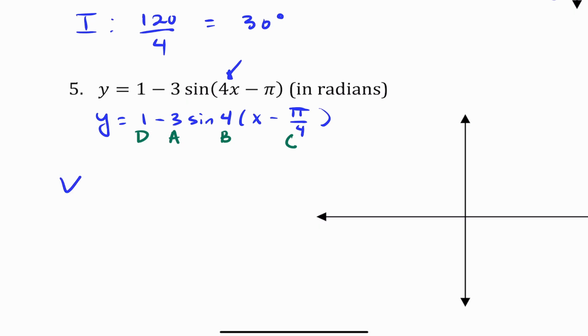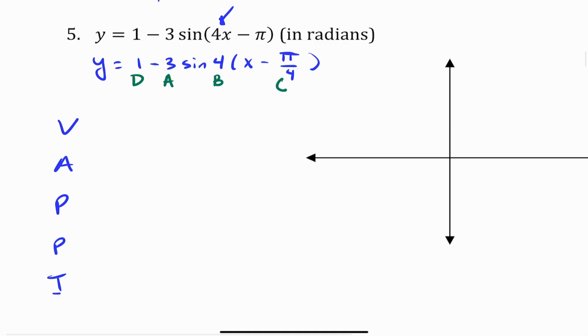So using my acronym here, VAPI, V stands for vertical shift, so that means we're going up 1. The amplitude is basically from the middle to its highest or lowest point, so that's 3.